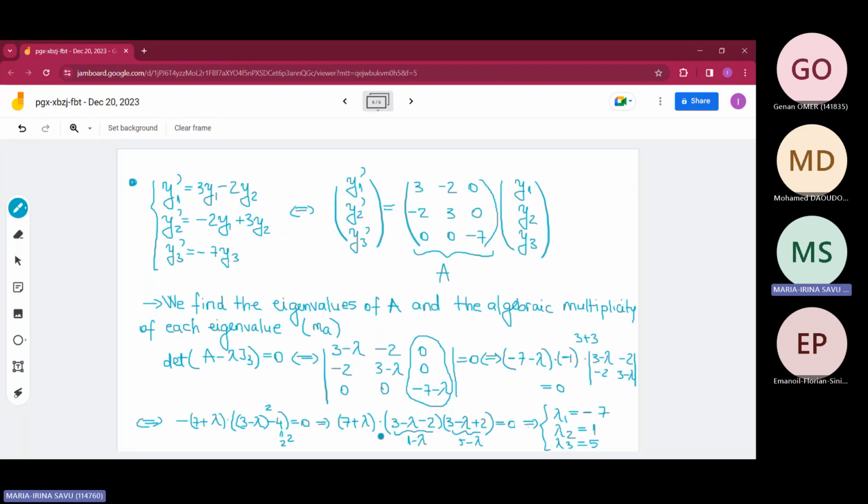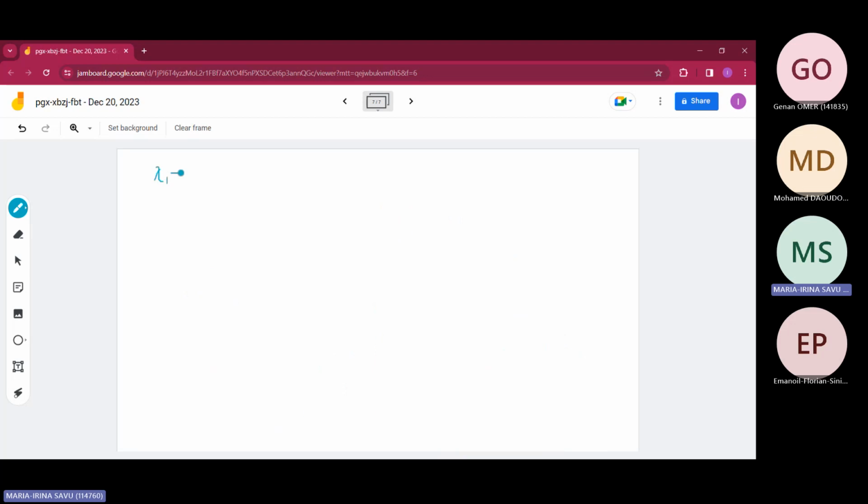Yes, because minus 7 is just one solution for this equation. If this expression was to the power 2, it would mean that lambda equals minus 7 is a double solution for this equation, so the algebraic multiplicity would be 2. But the algebraic multiplicity is 1, also for lambda 2 and lambda 3. So let's write that lambda 1 is minus 7, and that the algebraic multiplicity of lambda 1 is 1. And the same for the other numbers.